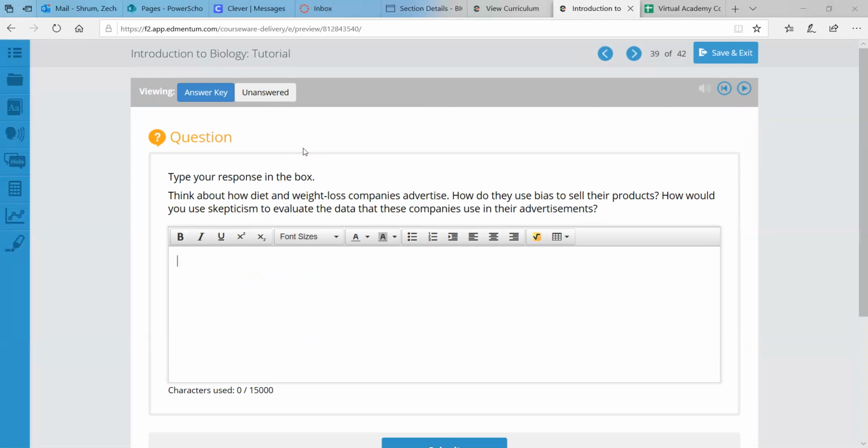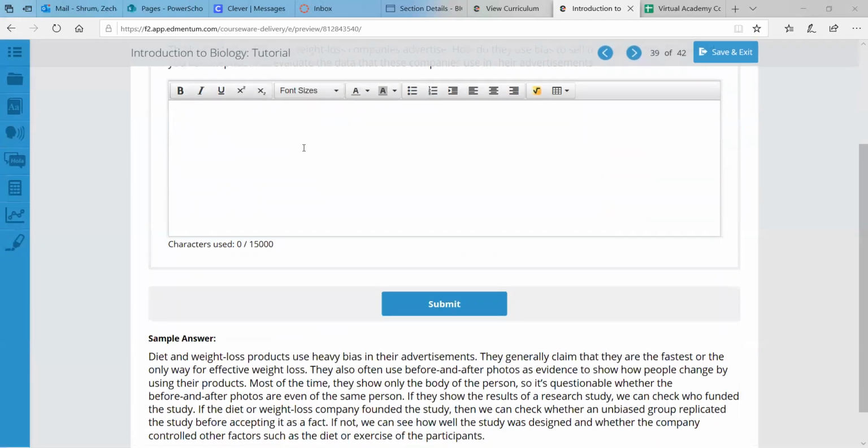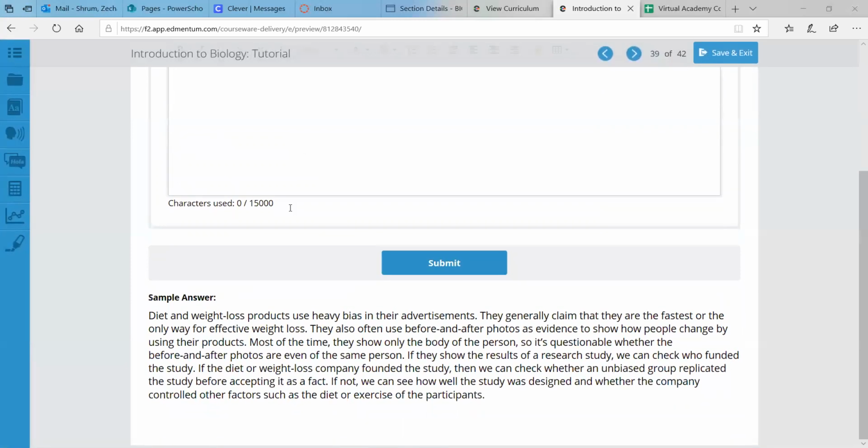It's very obvious. If you've seen any commercial, it's very one-sided. How do you use skepticism to evaluate the data? So when looking at the ads, how would you evaluate the data? And here's a sample example answer, if you want to pause and check that out.